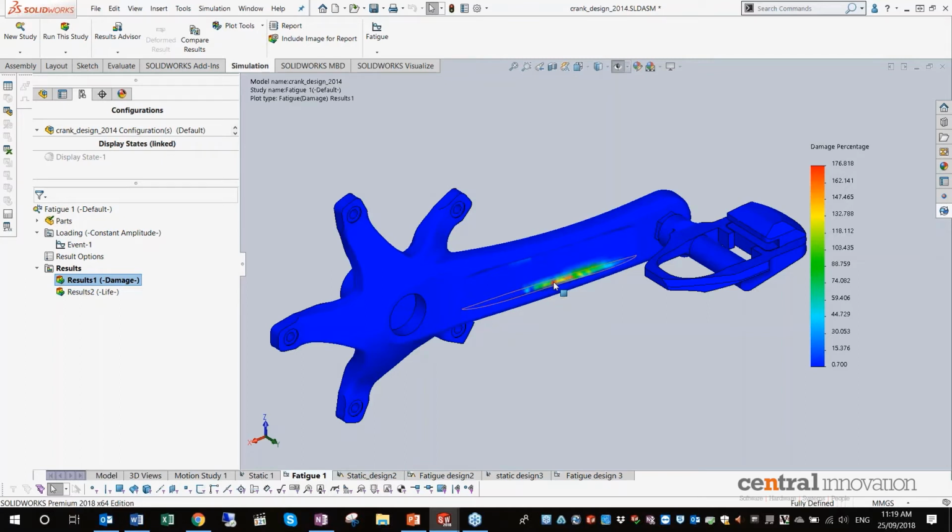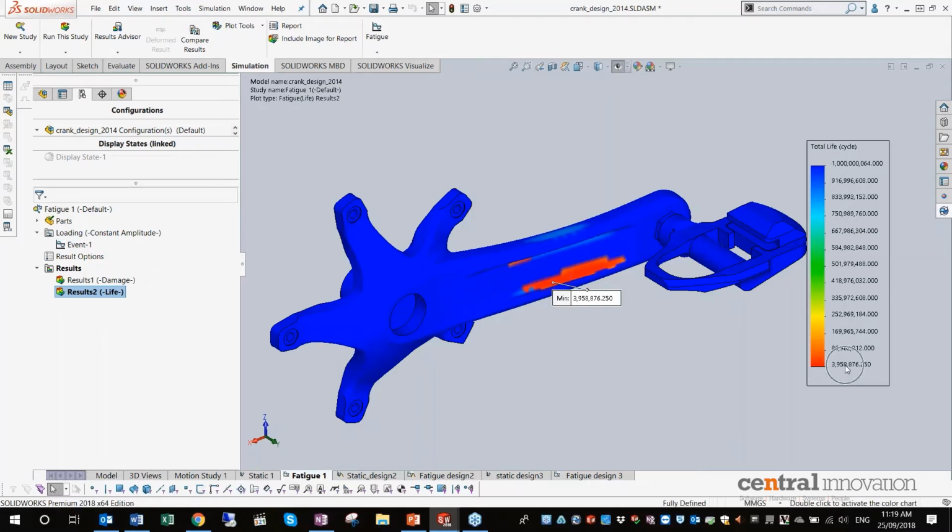But how should I know after how many cycles it fails? That's where a life result comes in handy. So when I look at the life result, I can see the minimum number of cycles is 3,900,000 almost.